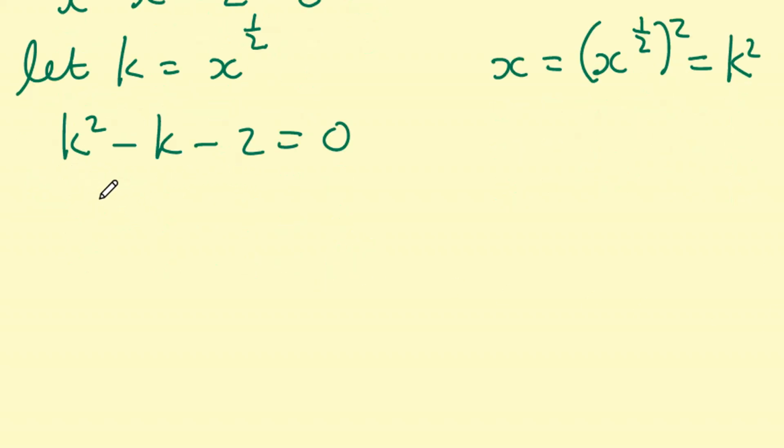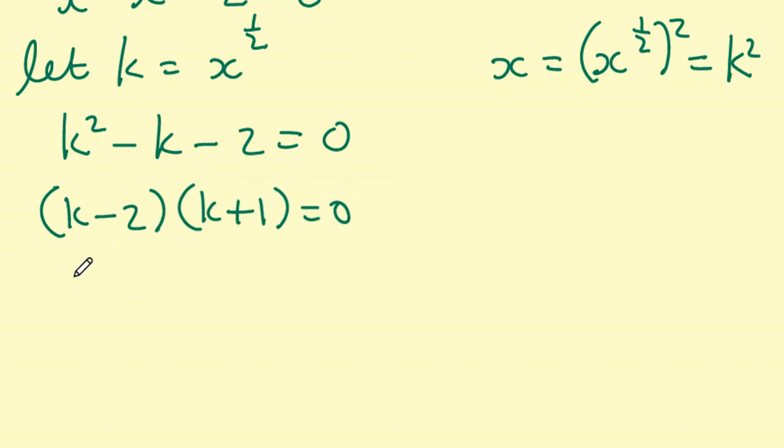We can factorize this. This is a quadratic or trinomial. And in solving for x, or rather solving for k, k will equal 2 or k will equal -1. Now we can bring the x's back in. Now remember that x to the half is k.